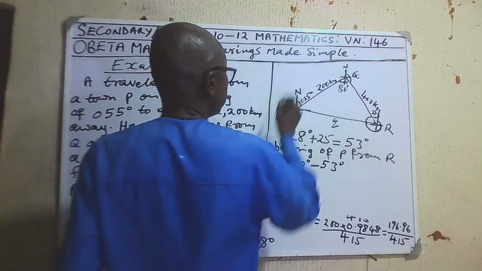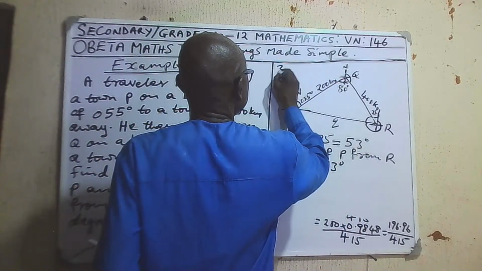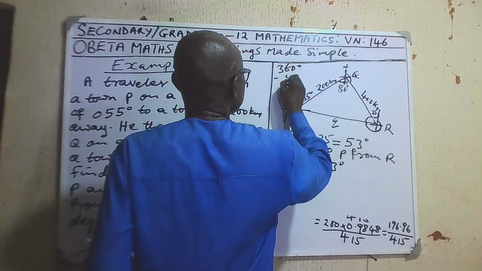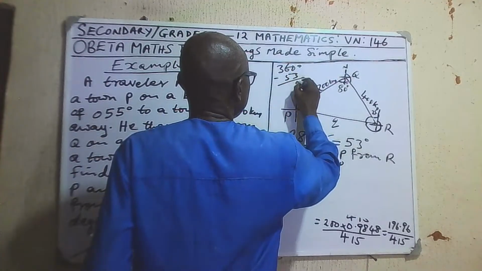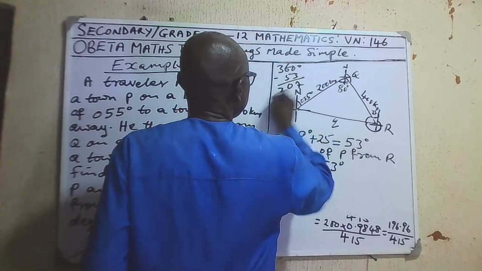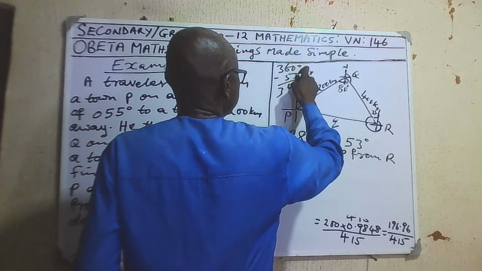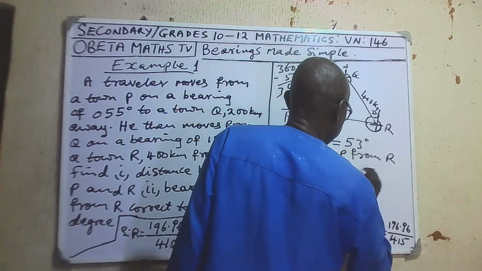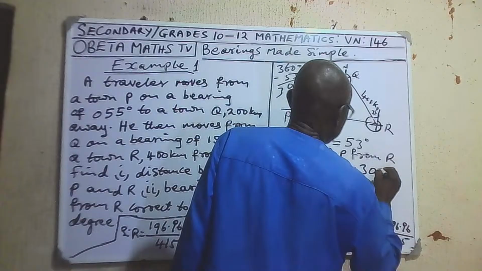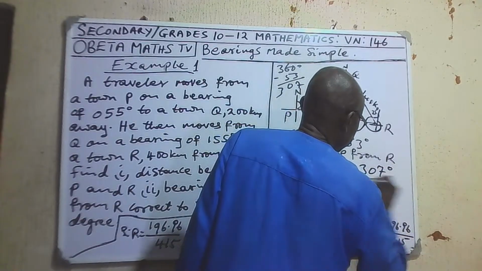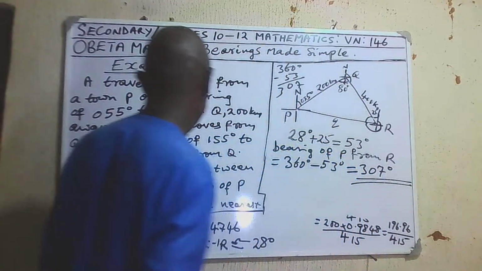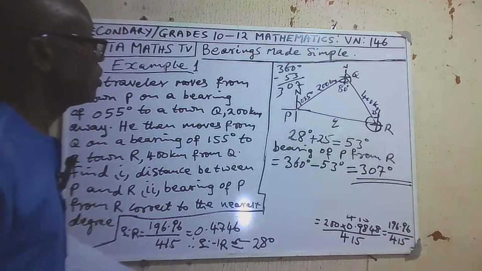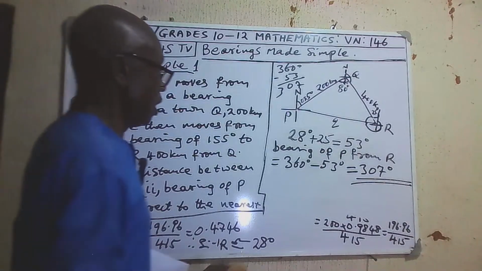And if you carry on the subtraction, 360 minus 53, borrow 1, that will give us 307 degrees. So we have succeeded in getting the bearing of P from R.